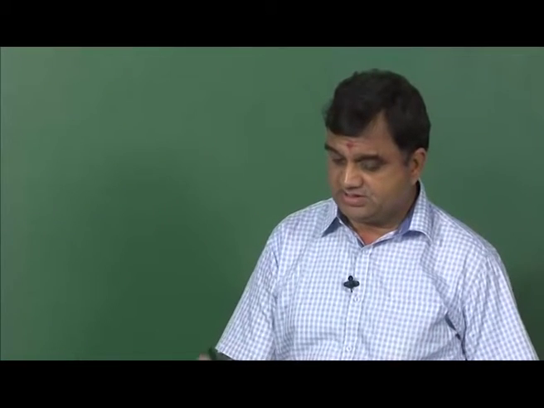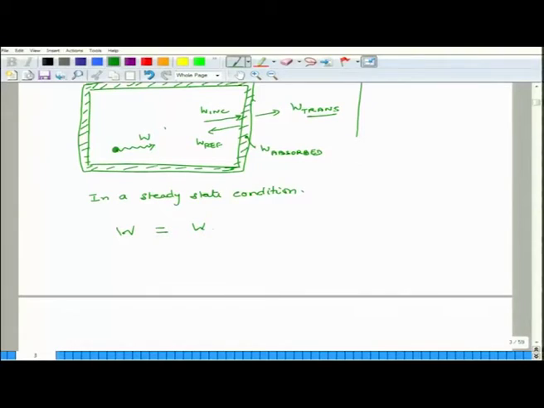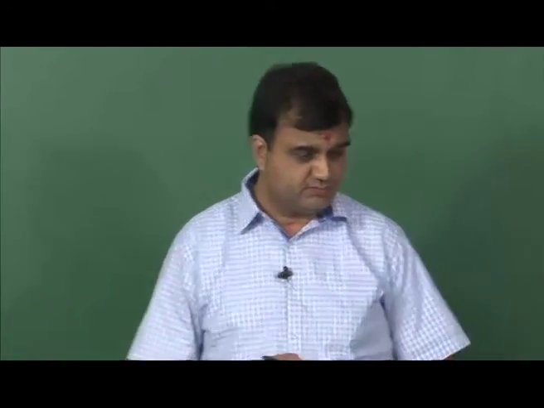This has to equal W absorbed plus W transmitted, because the sound level inside the room is not increasing. So, whatever extra energy is being generated, either it is getting absorbed or it is getting transmitted out.